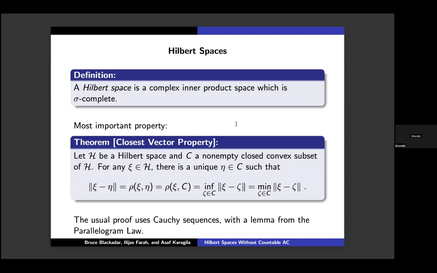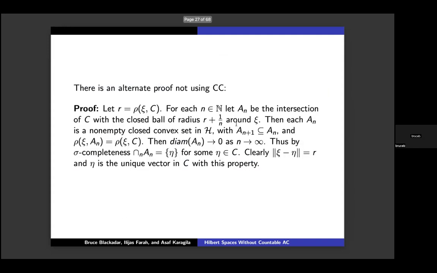But there's an alternate argument using sigma completeness, and let me just go through this to illustrate how you use sigma completeness. This proof doesn't use any kind of choice. So let R be the distance from the vector to the convex set C. For each n, you let A_n be the intersection of C with the closed ball of radius R plus 1 over n around the vector.